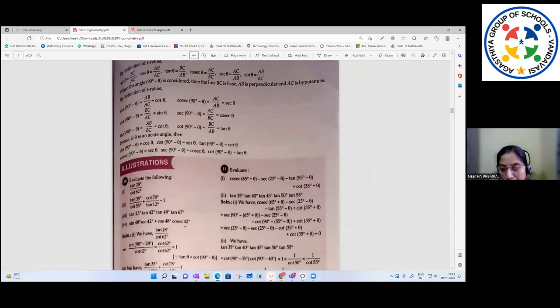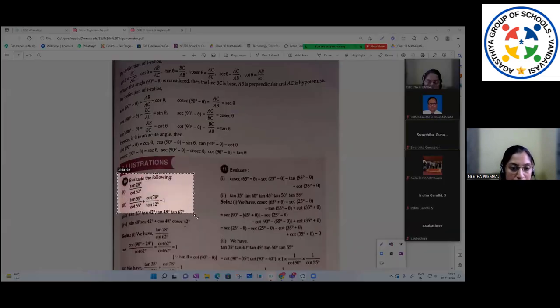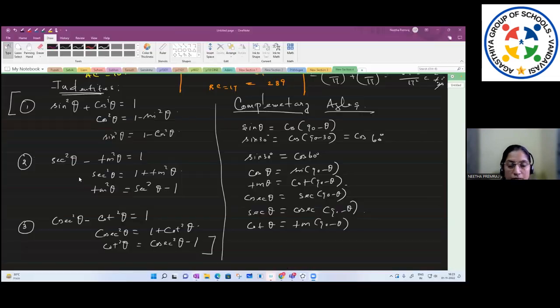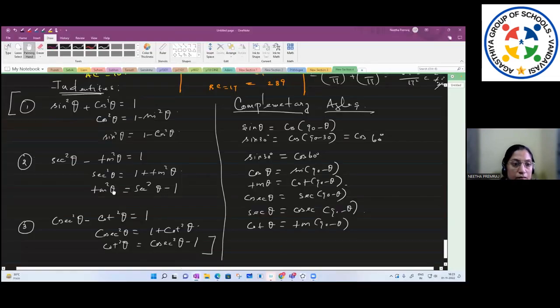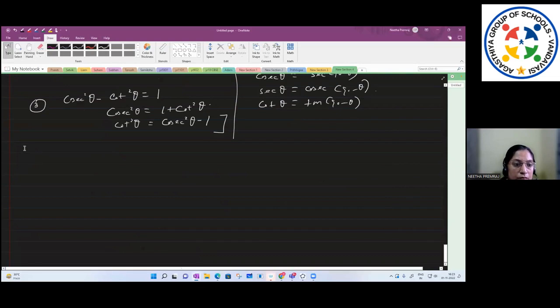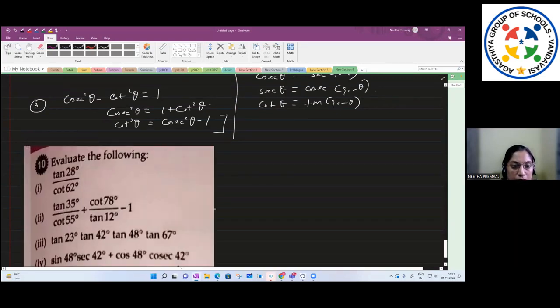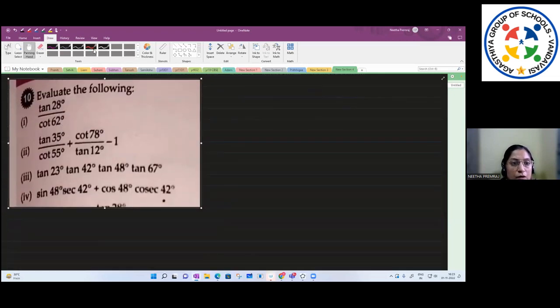See, for example, if the sum is given. So how to solve these kinds of sums? To solve these kinds of sums, we are supposed to know the concept of complementary angles.